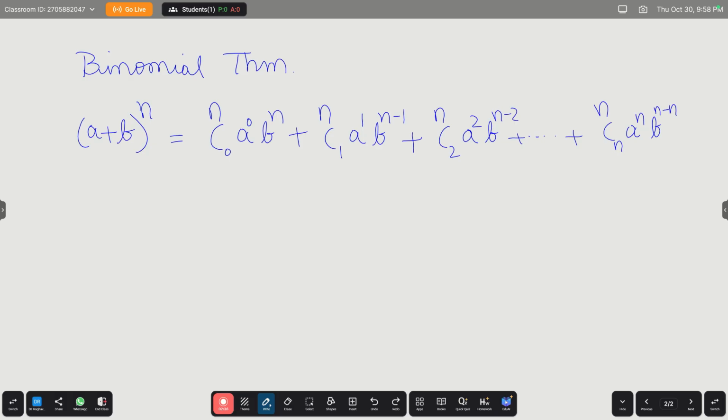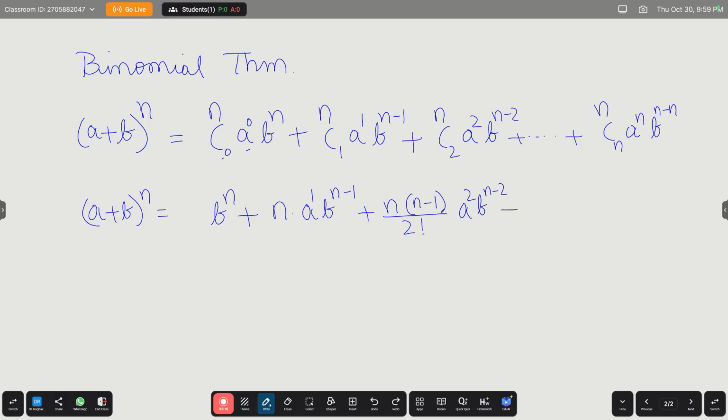If you simplify this, we will have (a plus b) whole power n is equal to nC0, which is 1 for any n, and a power 0 is also 1. So the first term is just b power n, and nC1 is n for any n, so we have n a power 1 b power n minus 1. nC2 is n into n minus 1 divided by 2 factorial for any n, with a power 2 b power n minus 2.